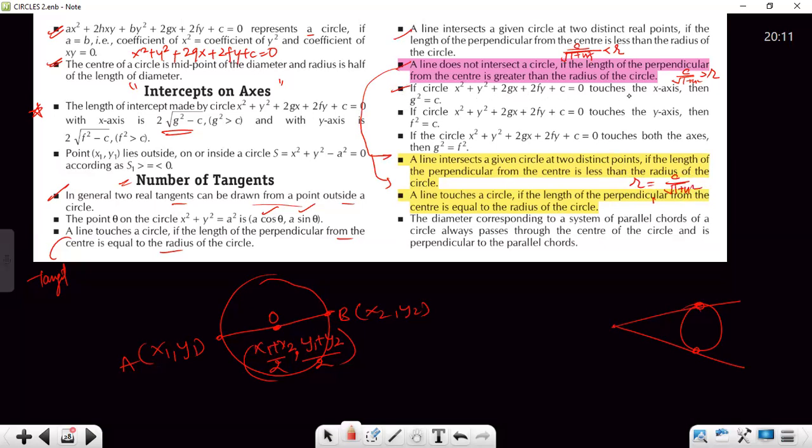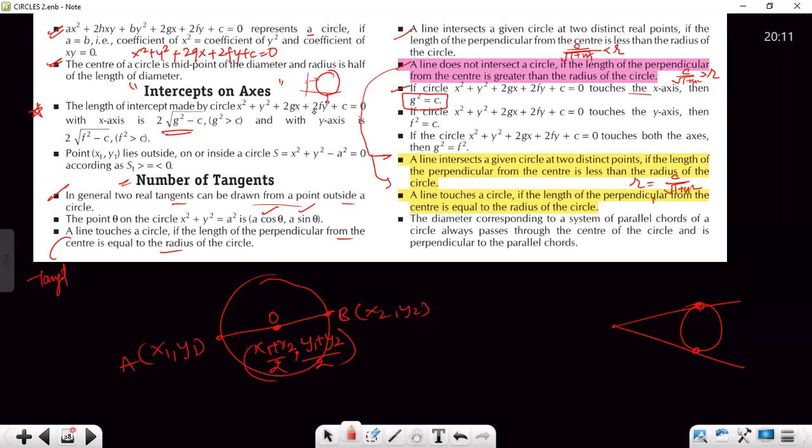Next point. If the circle is touching the x-axis, then g square is equal to c. If the circle is touching the y-axis, then f square will be c. And here we discussed the length of intercepts, meaning how much distance the circle is away from the x-axis and from the y-axis.